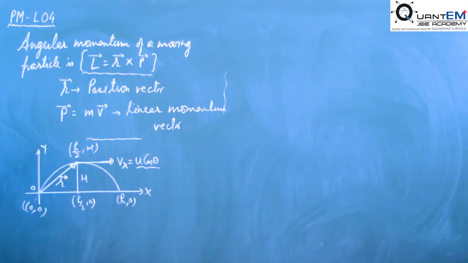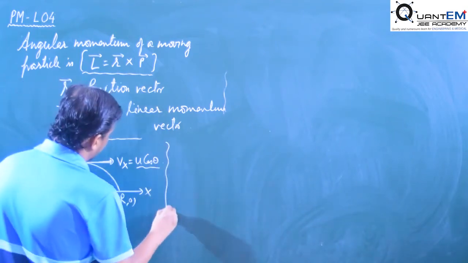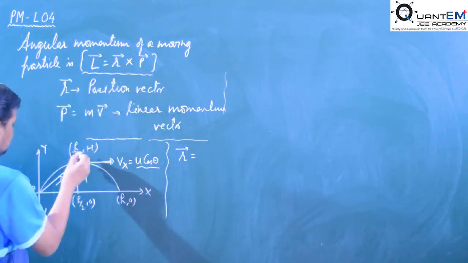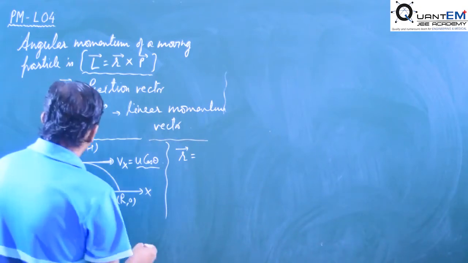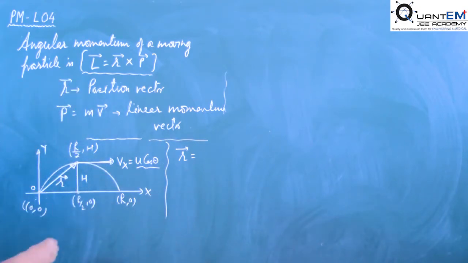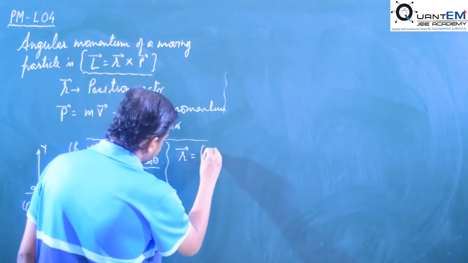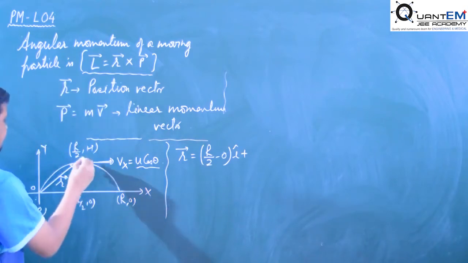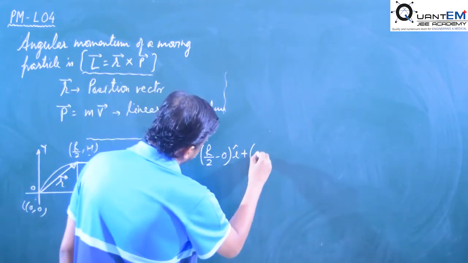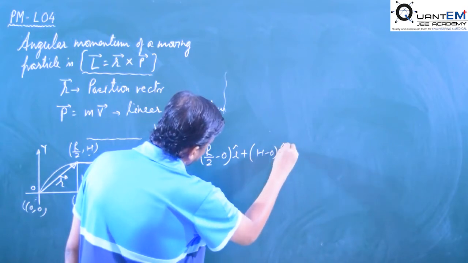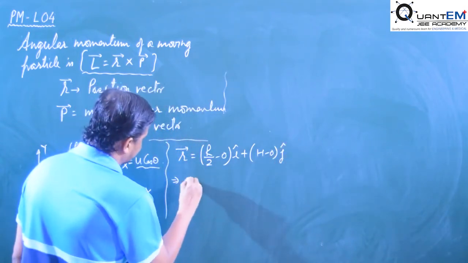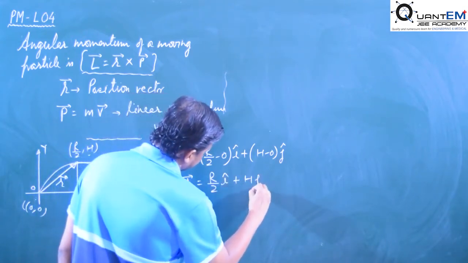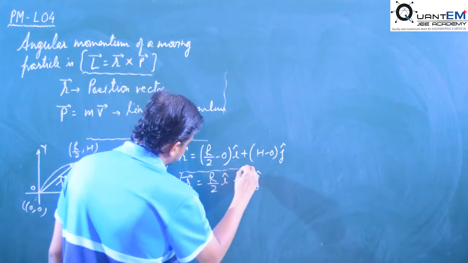To get it, use the formula for the displacement vector, x2 minus x1 i cap plus y2 minus y1 j cap. That is R/2 minus 0 i cap plus h minus 0 j cap. So we get the position vector to be R/2 i cap plus h j cap.